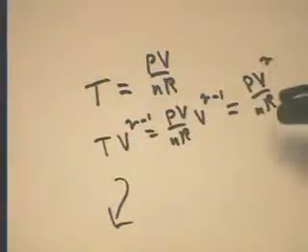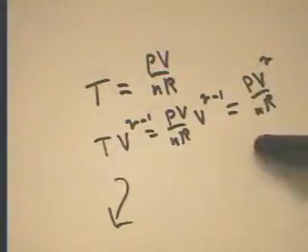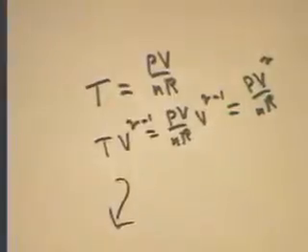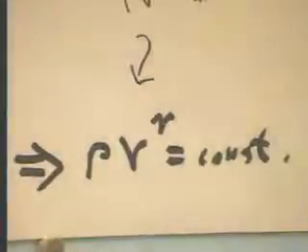So TV to the gamma minus 1 is PV to the gamma over nR, which is just a constant times PV to the gamma, since n and R are considered constant here. So the fact that TV to the gamma minus 1 is constant tells us that PV to the gamma is constant. And that's where the adiabatic gas law comes from.